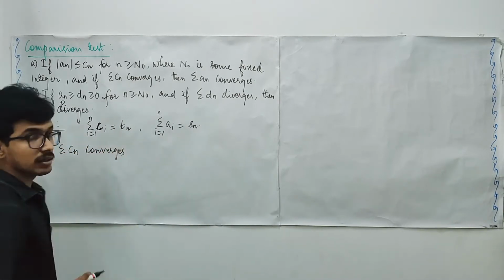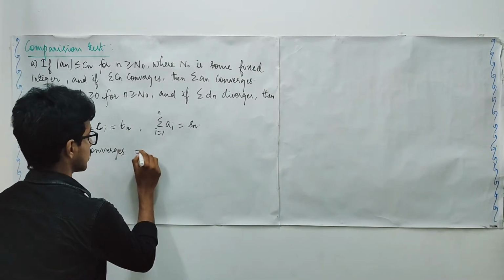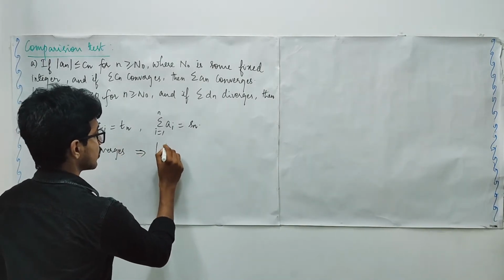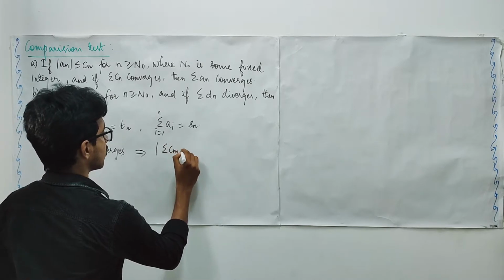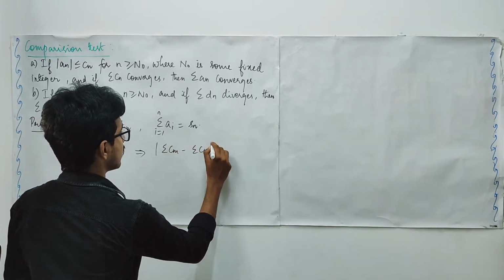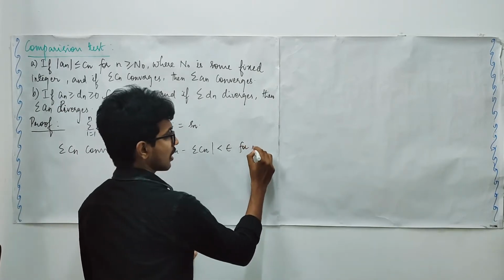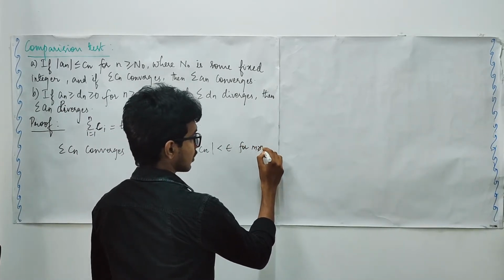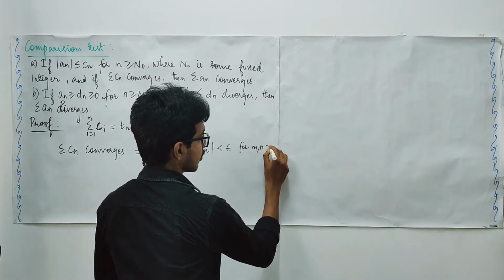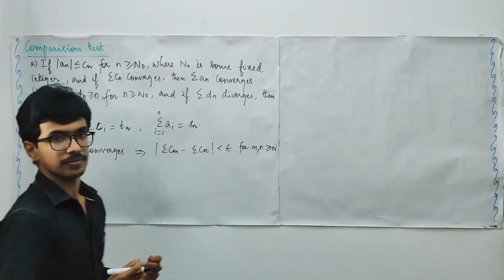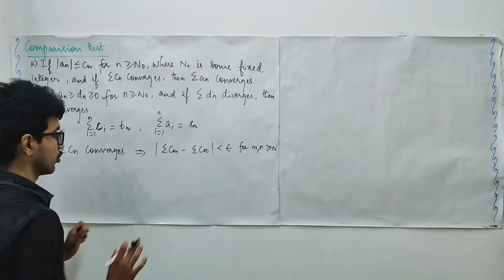Summation c_n converges. This implies that summation c_m minus summation c_n is less than epsilon after a certain stage, for m, n bigger than or equal to N. This is going to be true.